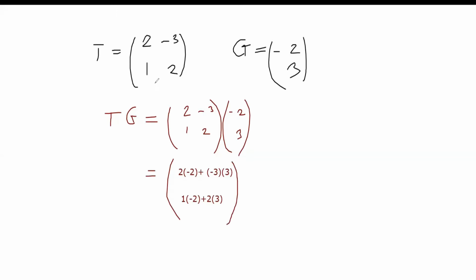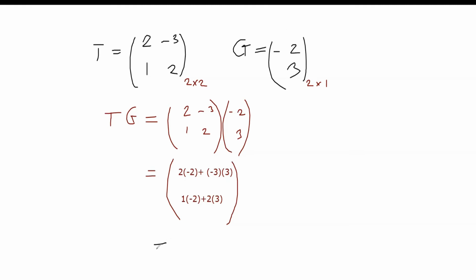Now first, remember this matrix T has 2 rows and 2 columns, so it is a 2 by 2 matrix. This matrix G has 2 rows and 1 column. The number of columns of the first matrix must be equal to the number of rows of the second matrix, and that's how we end up with a 2 by 1.